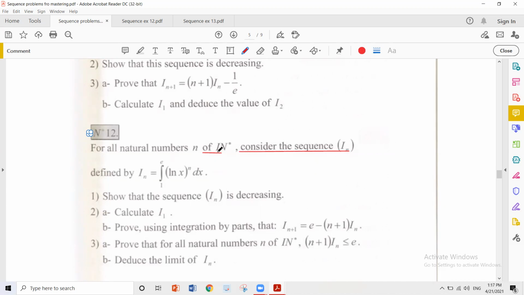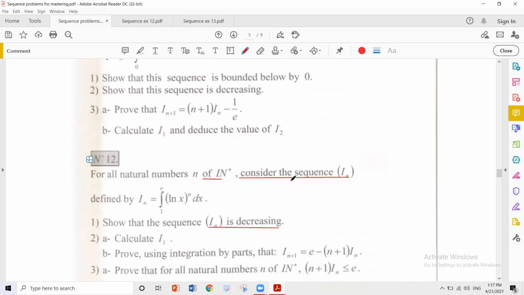N star means N without zero, all the natural numbers without zero, defined by I_n equal integral from 1 to e of (ln x) to the power n dx. Show that the sequence I_n is decreasing.